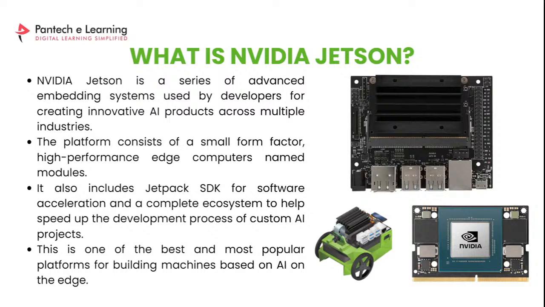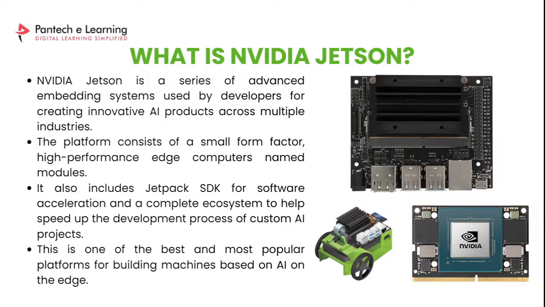The platform consists of small form factor, high performance edge computers named modules. Additionally, it also includes the Jetpack SDK. SDK is nothing but a software development kit for software acceleration and a complete ecosystem to help speed up the development process of custom AI projects, right? So the Nvidia Jetson system is high performance and power efficient, making it one of the best and most popular platforms for building AI-based machines on the edge.